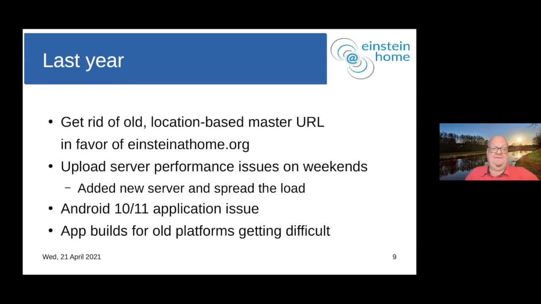Some things that we stumbled over last year. We are trying to get rid of our old location-based master URL in favor of einsteinathome.org, which is location independent. This is something that we still haven't achieved yet.